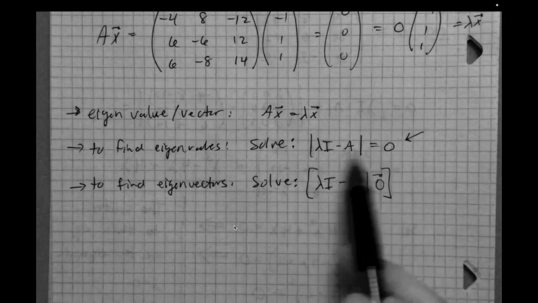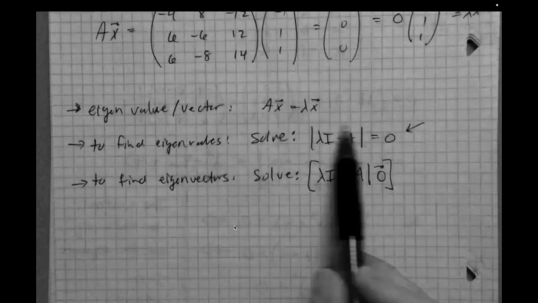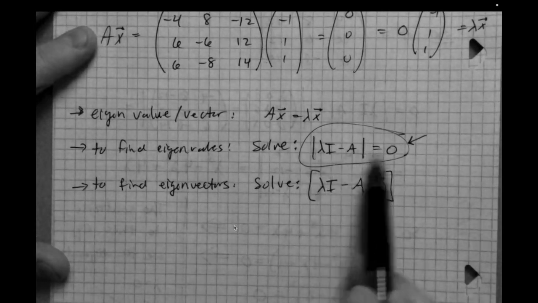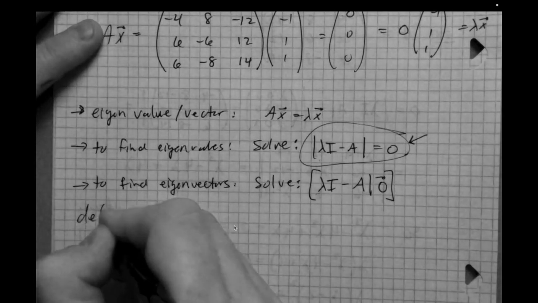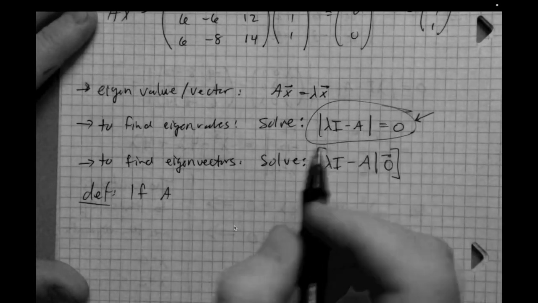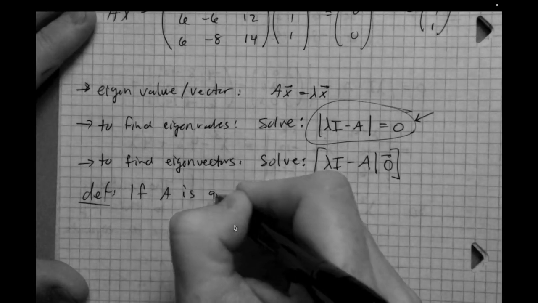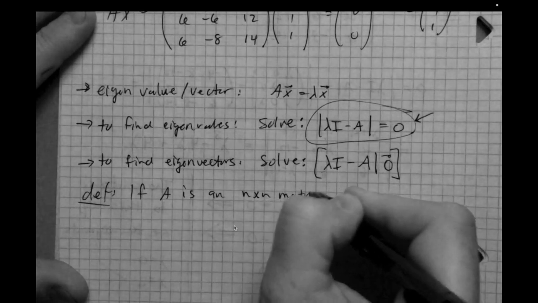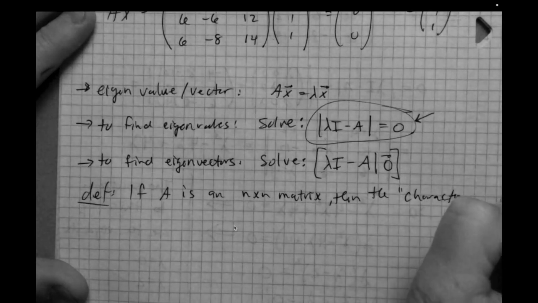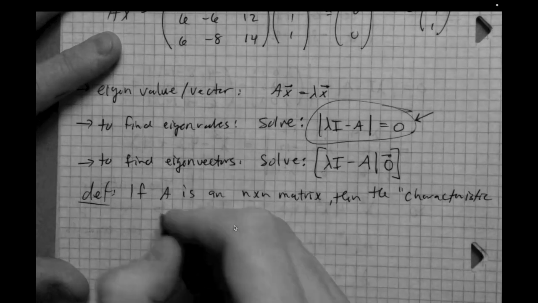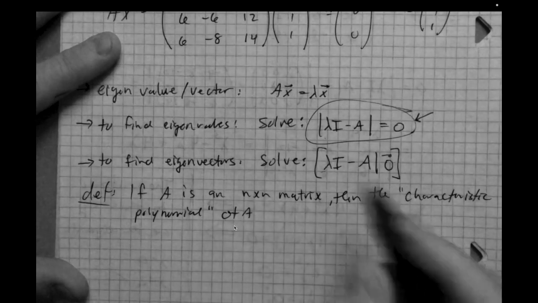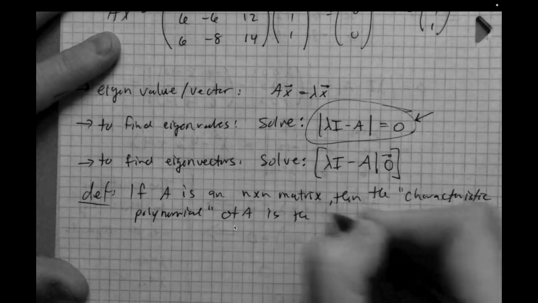Specifically, let's talk about the equation that is produced by this determinant equals 0 setup. So, definition: if A is an n by n matrix, then the characteristic polynomial of A is the polynomial that we've been talking about this whole time.